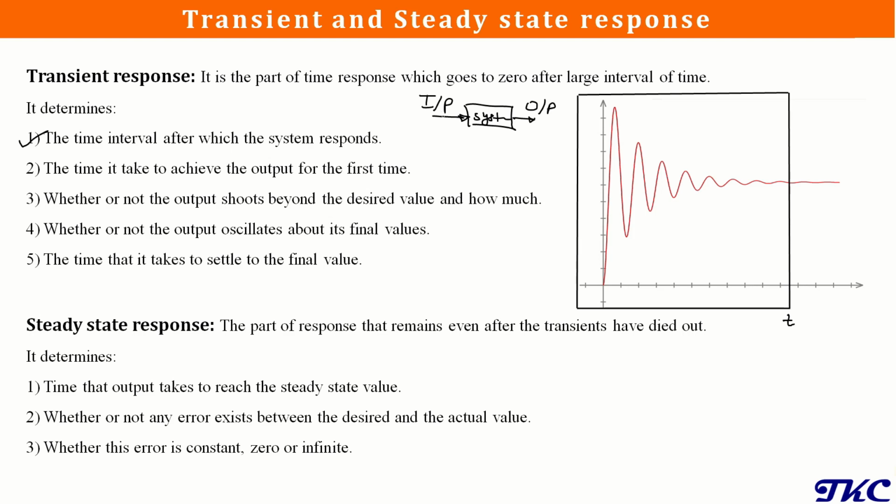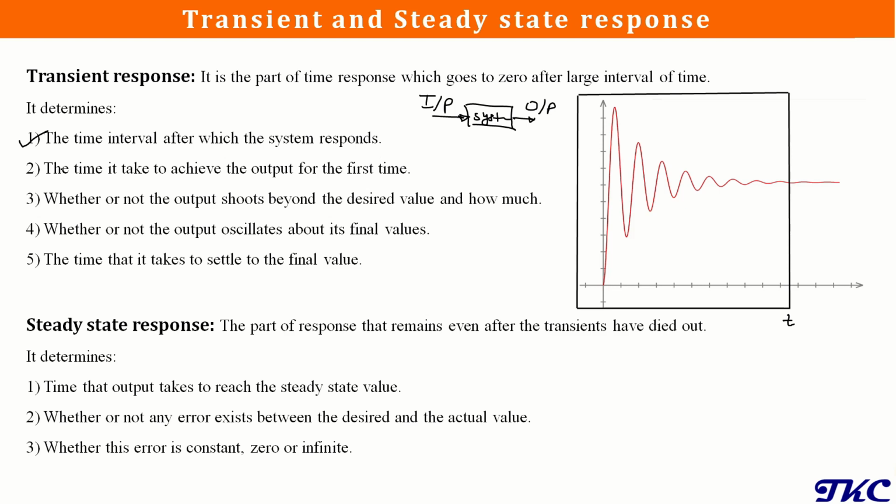So it may happen that we have a certain lag between input and output. That time we can determine from a transient response. We give input to the system, and as soon as we see the output, the time difference between when we apply the input and when we get the output, that we can know.